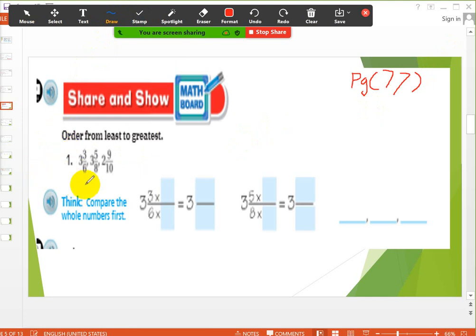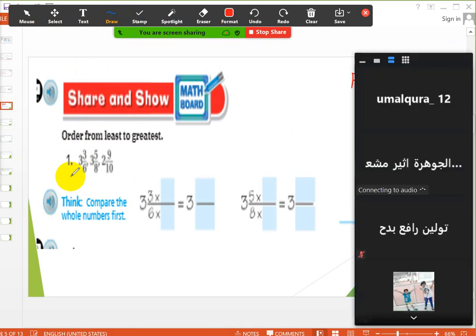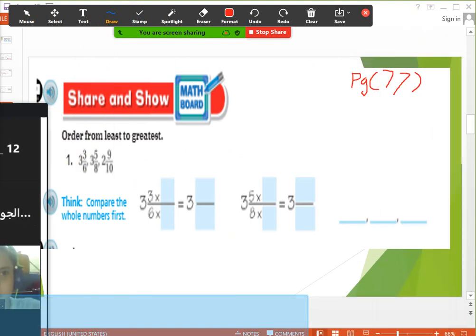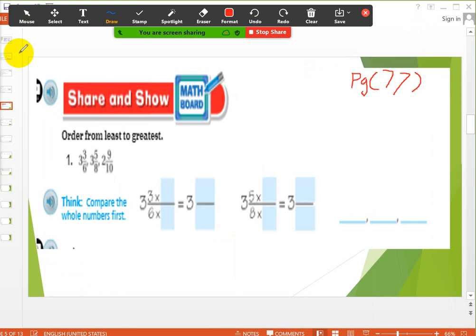Yesterday we talked about how to compare between fractions and decimals, right? And how you can also order fractions and decimals. I told you yesterday that if you want to compare or order, because it's the same thing, when I want to order, I have to compare between the numbers. So when I want to order or compare between numbers, the numbers must be in the same form.